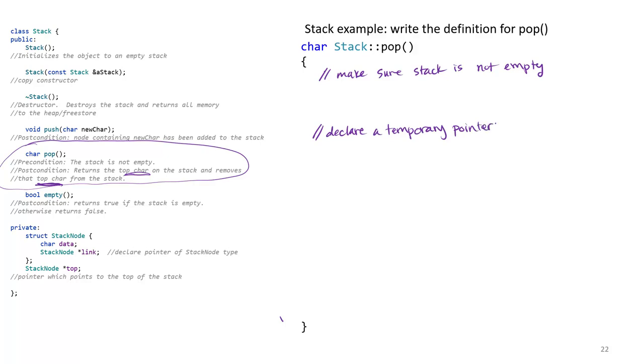We will see that we'll use this temporary pointer in order to access and then delete our topmost node. And then meanwhile, we move the head pointer to the next node.